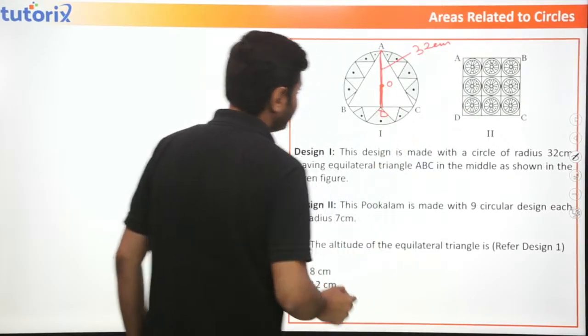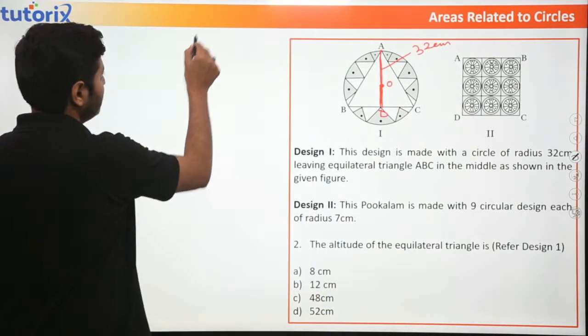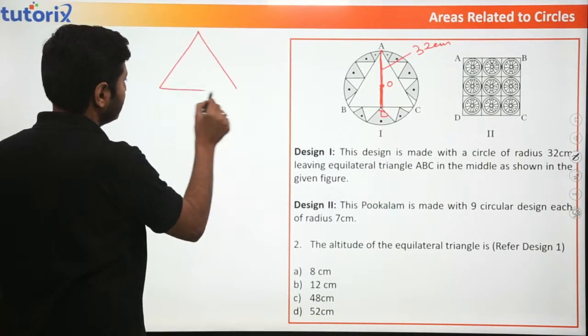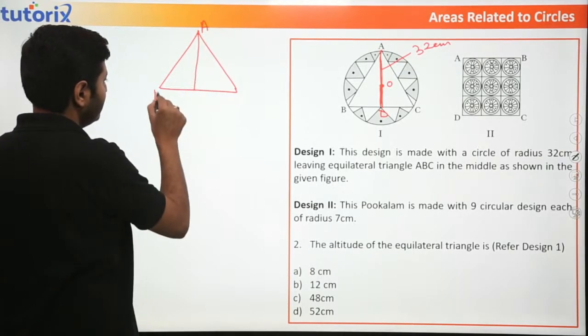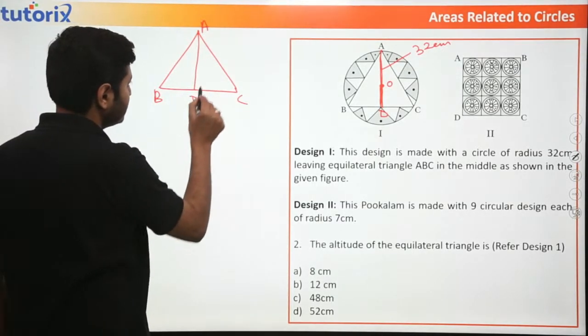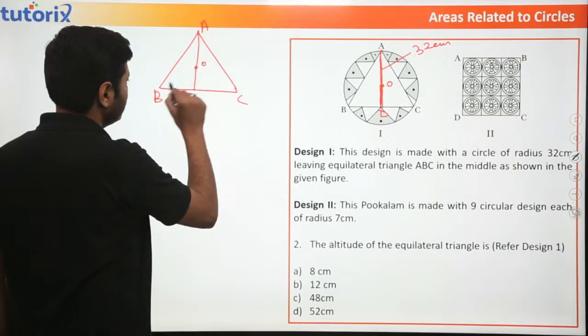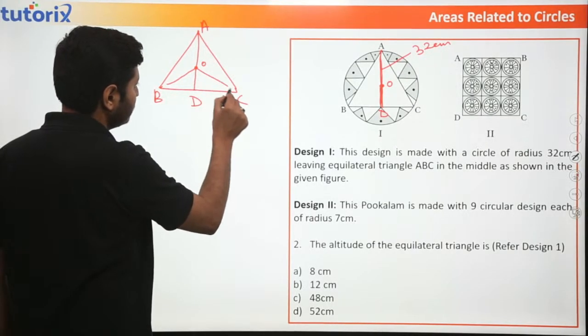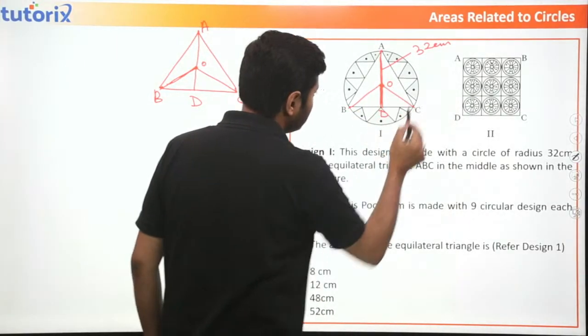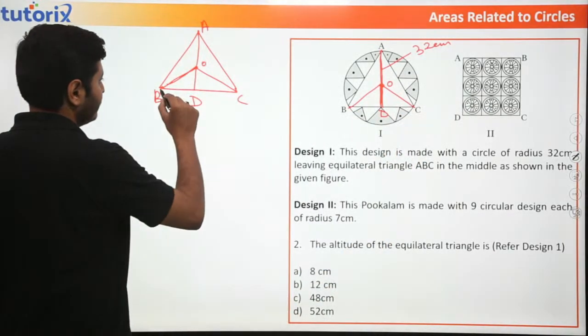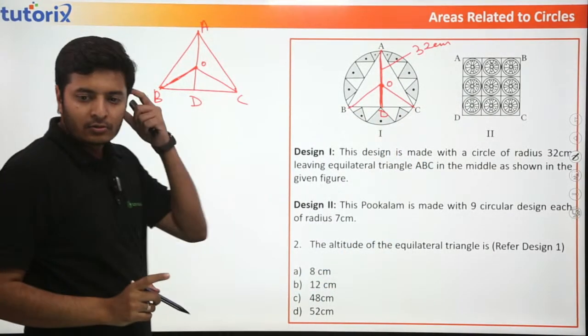Suppose this is point D. So let me construct the triangle here. This is D. This is suppose point O. I'm gonna join OB and OC also. So OB and OC are also radius. So OB and OC are also 32 centimeter.